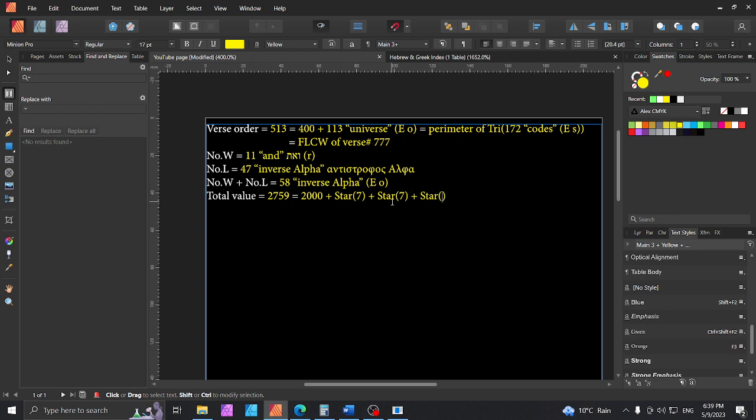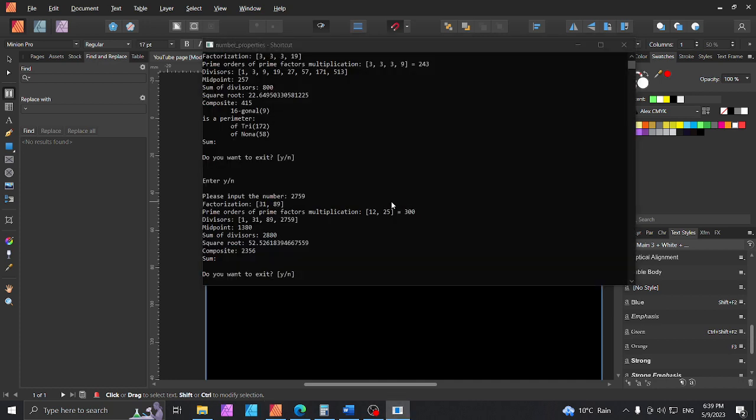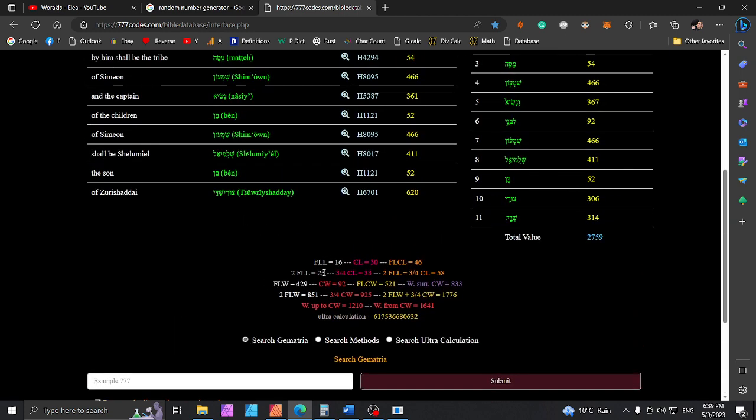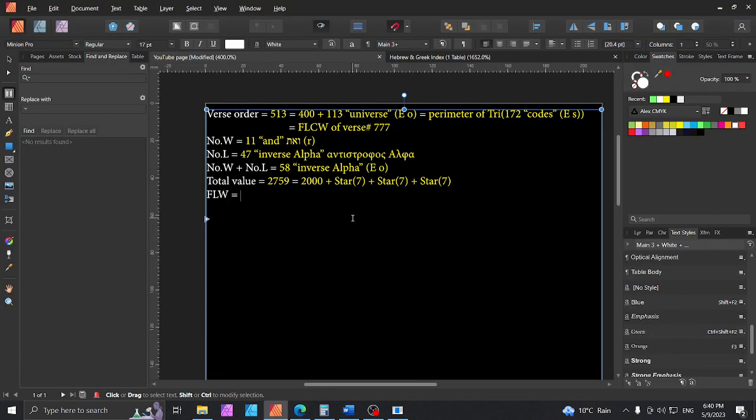So the total value is 2000 plus star number 7 plus star number 7 plus star number 7. The first last words, I wonder, should I maybe do the letter methods? Let me just scope it. It doesn't seem very important as usual, really.